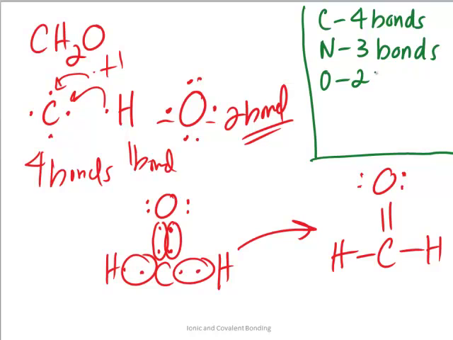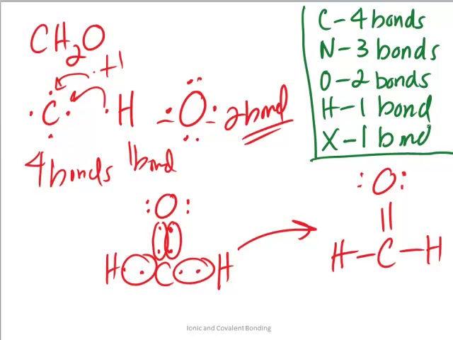Oxygen, 2 bonds, hydrogen, of course, 1 bond, and another common element that we'll see is any of the halogens, chlorine, fluorine, bromine, iodine. They also, again except for polyatomic ions, will form 1 bond because, of course, they have 7 valence electrons and need 1 additional one to get to the octet rule.